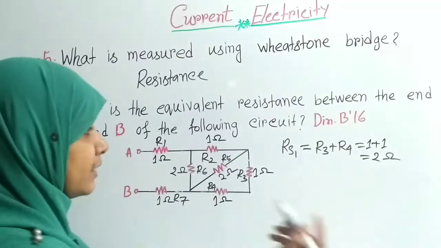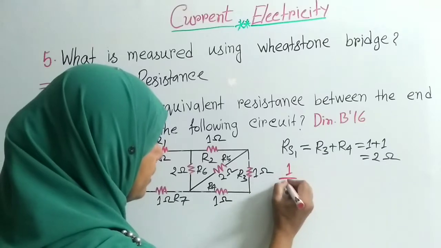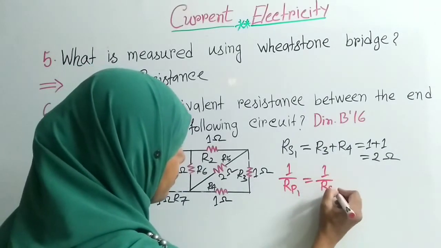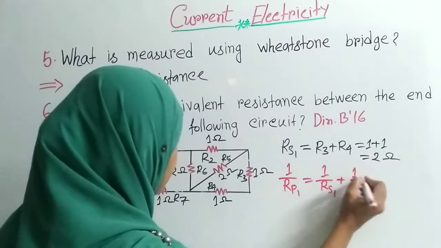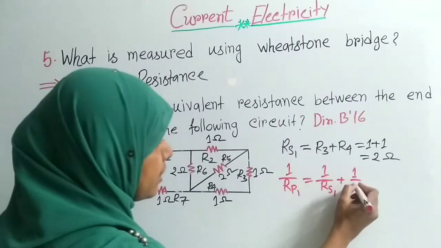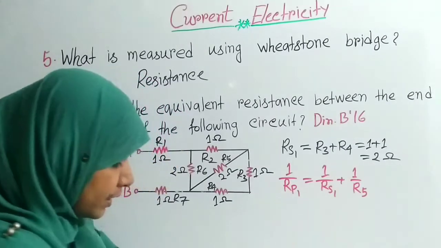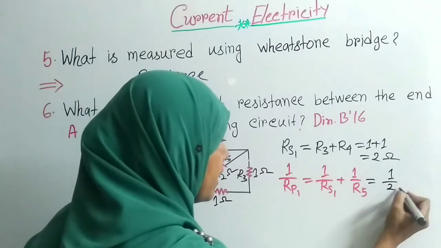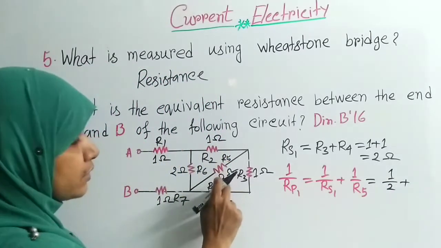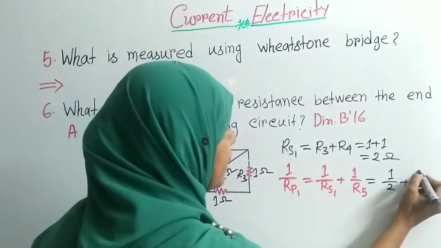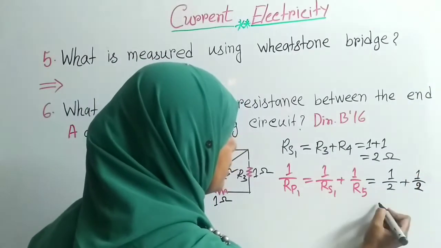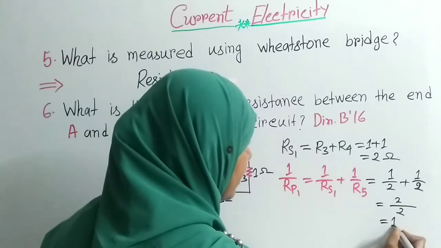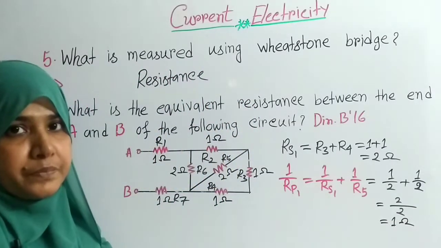So now we can write that 1 by Rp1 is equal to 1 by Rs1 plus 1 by R5. Now the value of Rs1 is 2 and the value of R5 is also 2. So 1 by 2 plus 1 by 2, the value will be 2 by 2, that is 1 ohm.